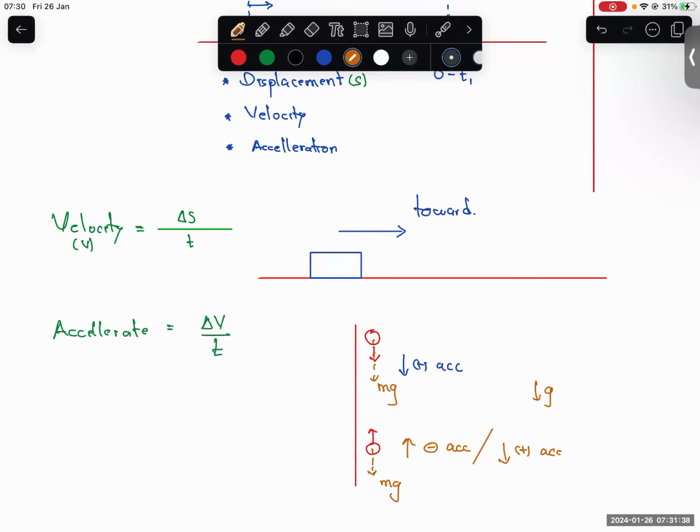Okay, so let's start. We're going to have a complete account of linear motion. Here we are just going through the main concepts. I will explain the equations that are used in linear motion.